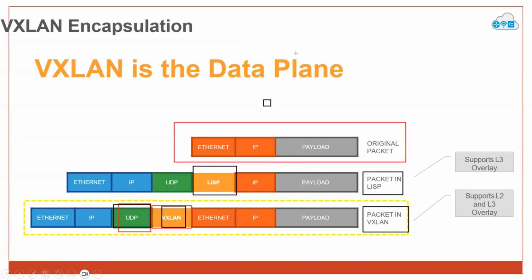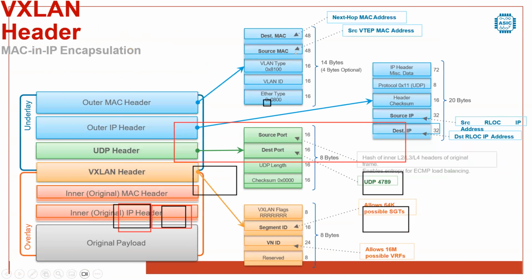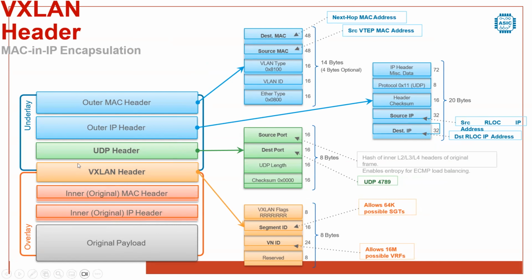That's why you see in this diagram that in this format you have VXLAN and then the UDP header. And VXLAN will give you 50 bytes of extra overhead for the header.